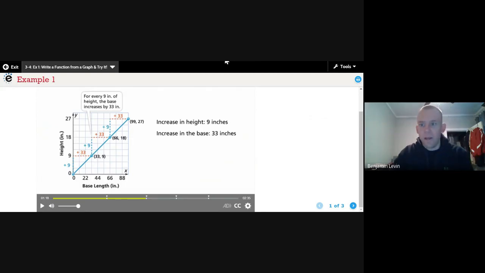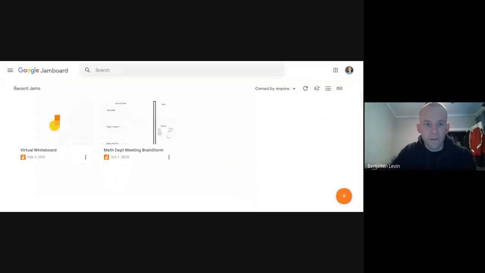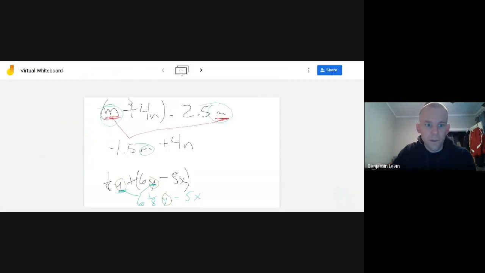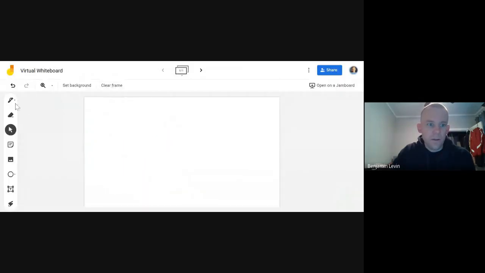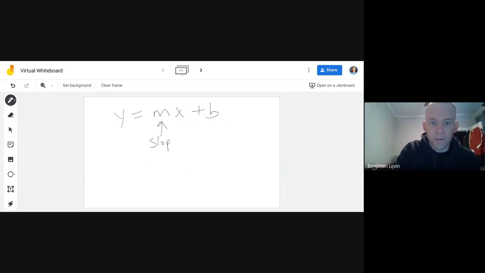Like if we wanted to write an equation, I'm going to switch over here to the Jamboard real quick. If I wanted to write the equation for that line, in y equals mx plus b, right? And we know the m is the slope because the slope is always with the x.